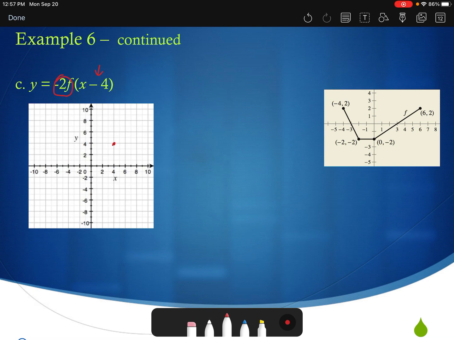And what part do we double? We double the y value, so 10, negative 4, sorry. Oh, we forgot to double that y value, didn't we? So that would be 8. I apologize. So negative 2, we'd flip it, and we'd move it to the right 4.